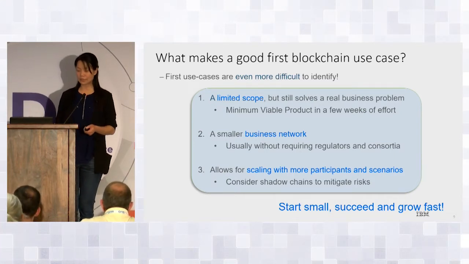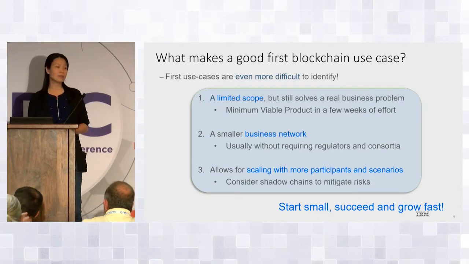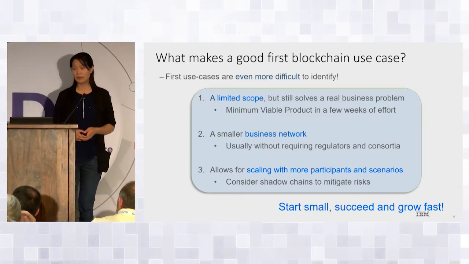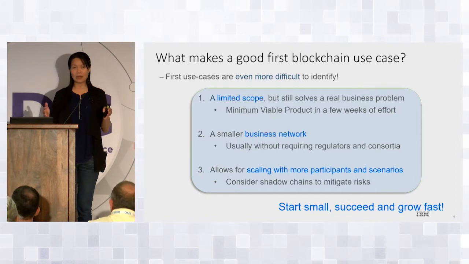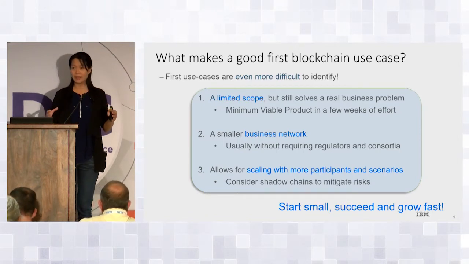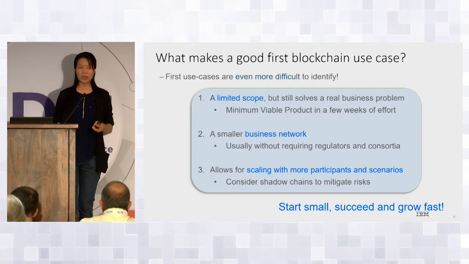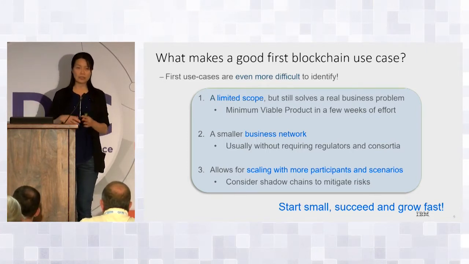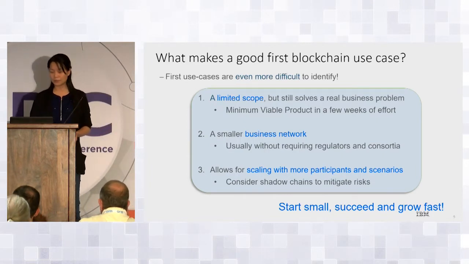And then make sure it's a small business network. And then, as you build out a solution, also make sure that the blockchain product you're making in the first phase has a way to include more participants afterwards. You need to have more scenarios open up, just in case more features need to be built into that platform as well.